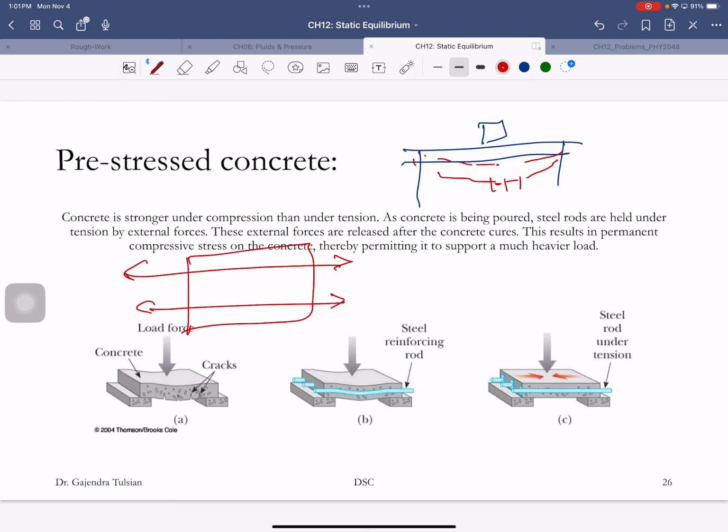And once the concrete dries, you let go of the tension on the rods. So now, in steady state, the concrete is under compression. And then you lay the spans, and when a car goes by, it was compressed to begin with, it only goes back to its original shape. So now that structure is a much stronger structure.